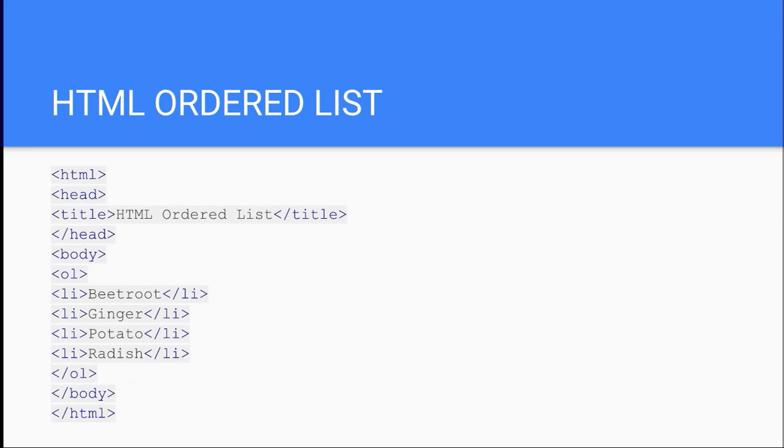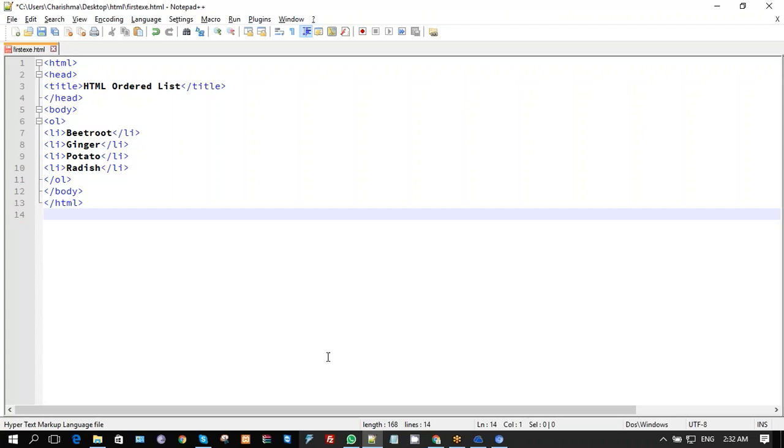So let's have a look at the code here. Instead of ul unordered list, we mentioned ol here. It's an ordered list. So again we have a few vegetables to list here. Let us see what happens when you execute this program. So this is the example for the ordered list.